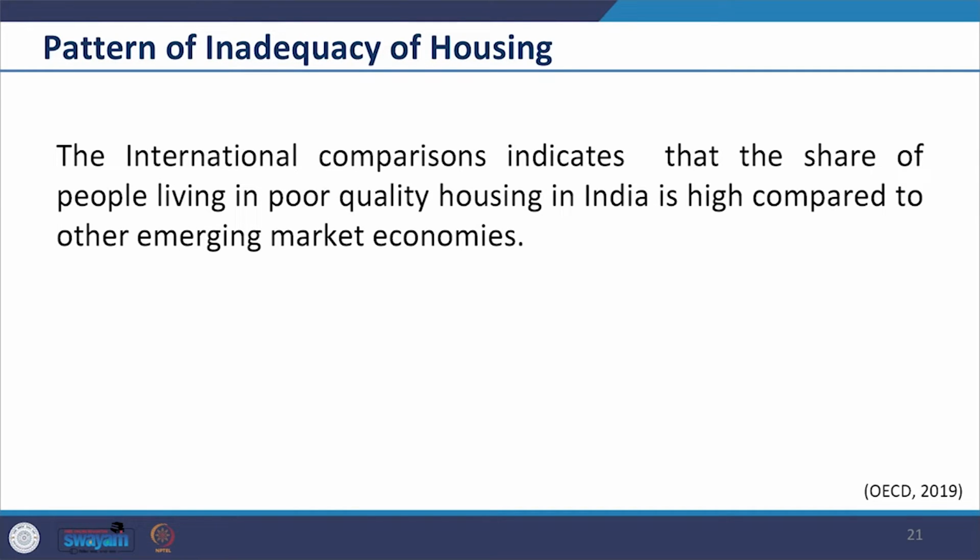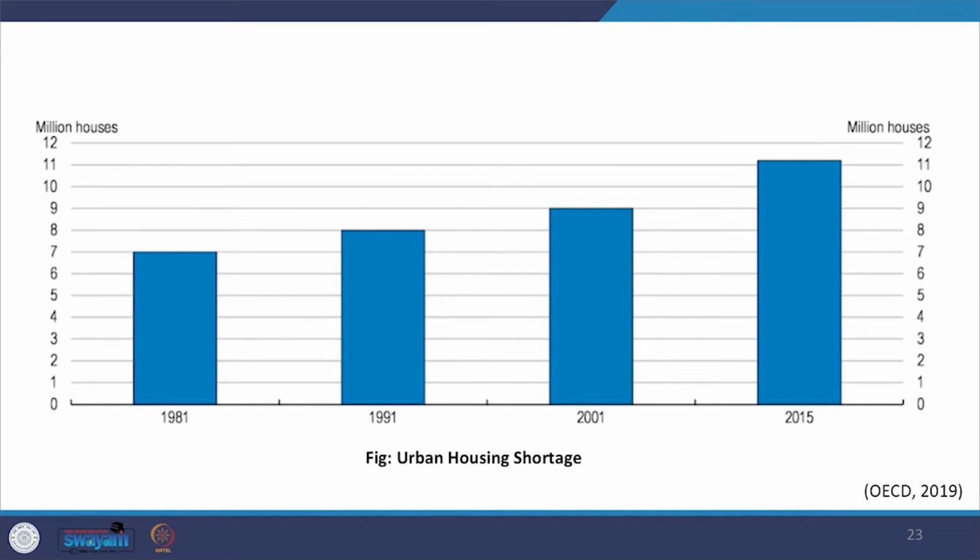According to the OECD Economic Survey of India 2019, international comparisons indicate that the share of people living in poor quality housing in India is high compared to other emerging market economies. The urban shortage has increased fast in recent times, as we see in the figure, and continues to worsen as migration and natural population growth have intensified.